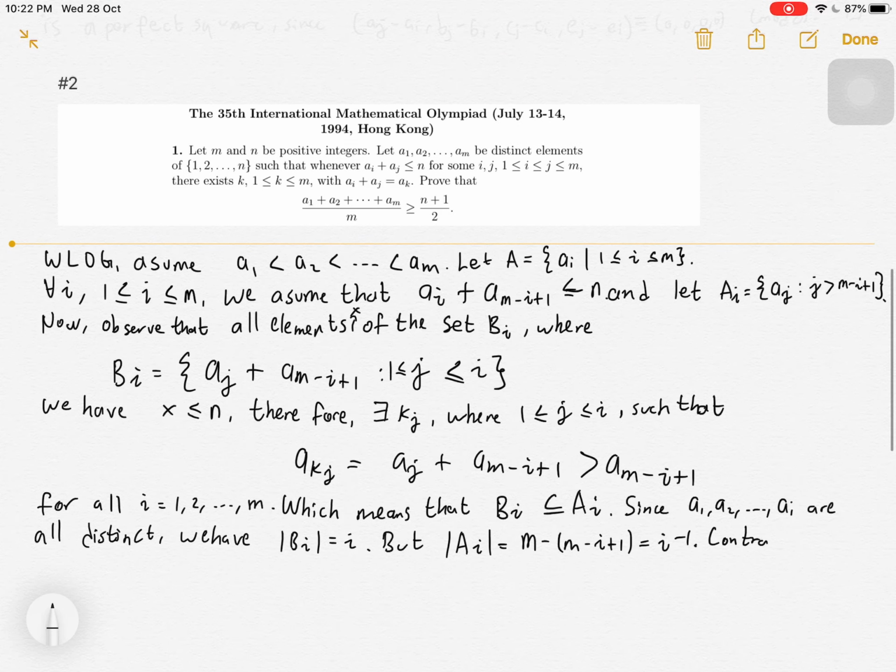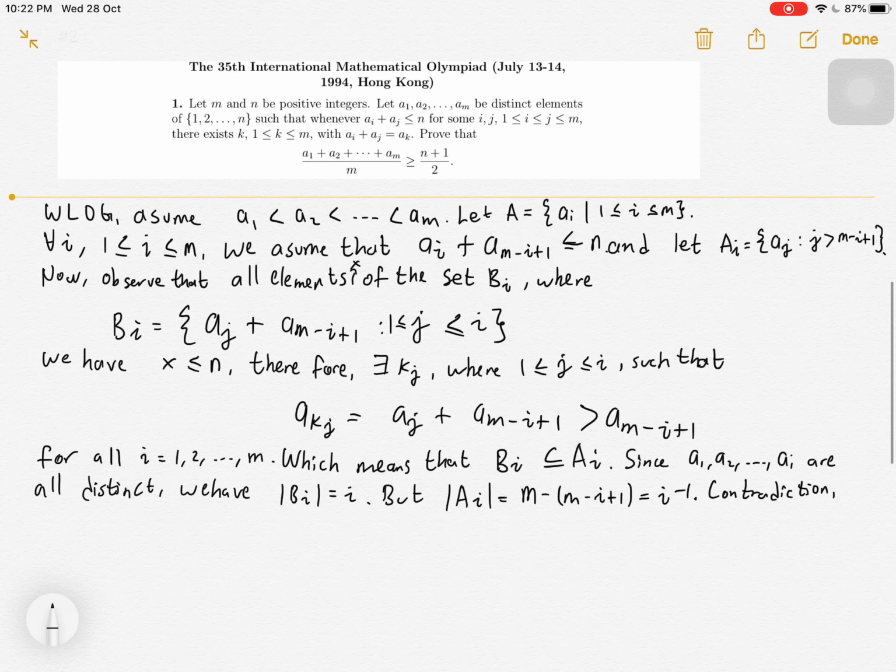Contradiction. And hence we must have that a_i plus a_{m-i+1} is strictly greater than n.